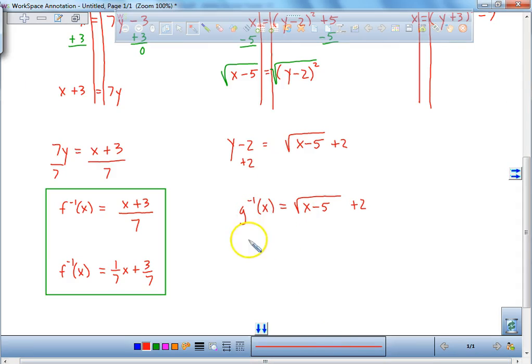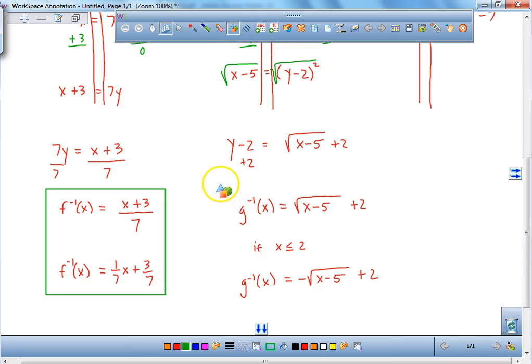This is our inverse. But if our original domain was x is less than or equal to 2, then my inverse would be negative square root of x minus 5 plus 2. So if the original answer was what? This is the correct answer.